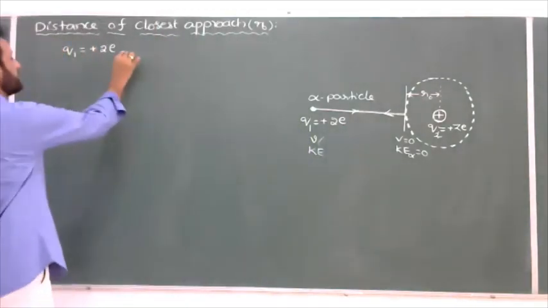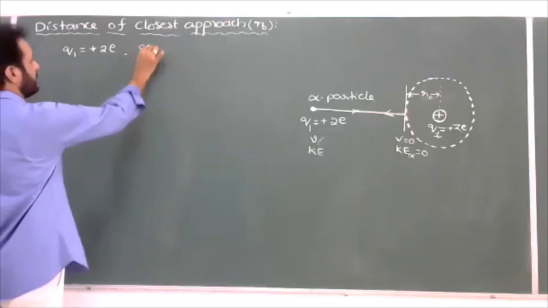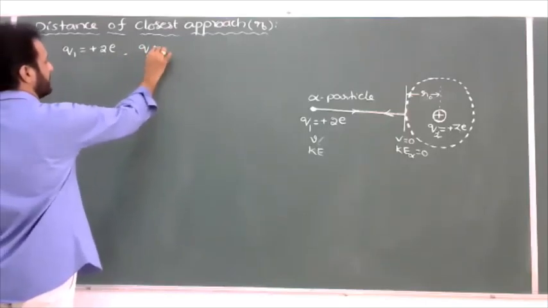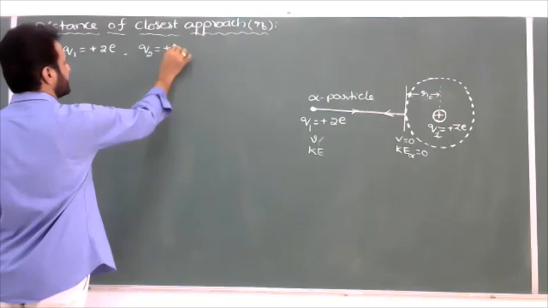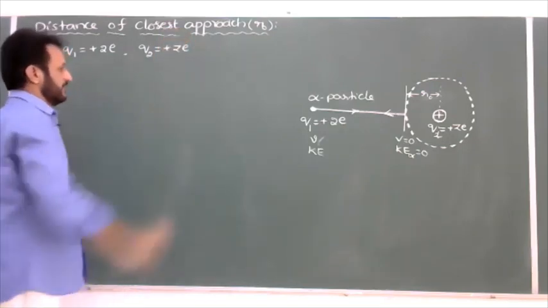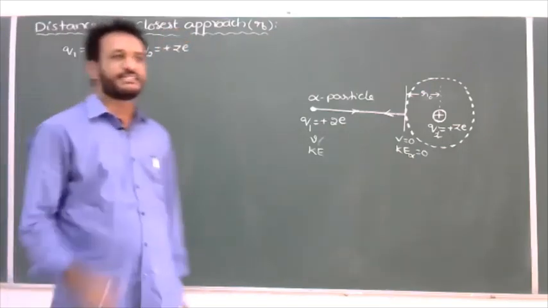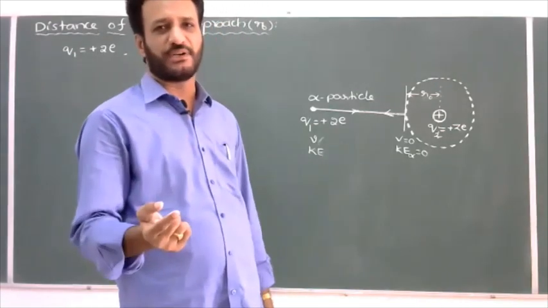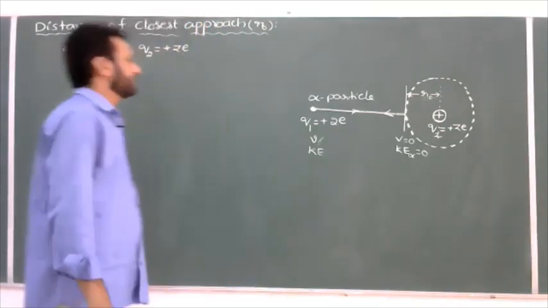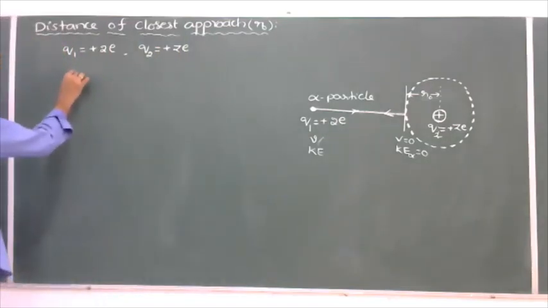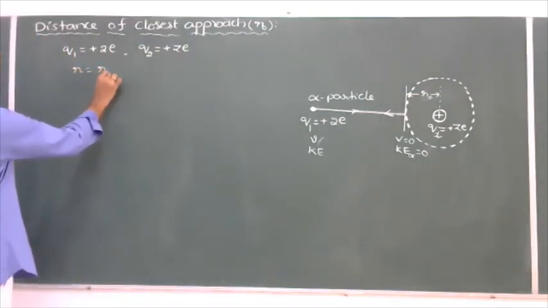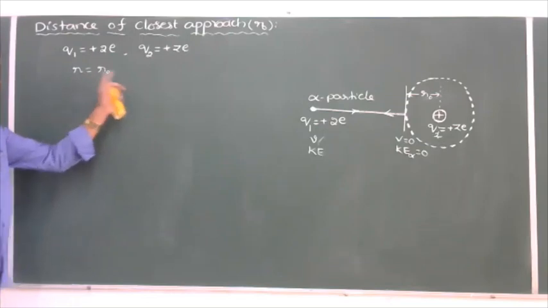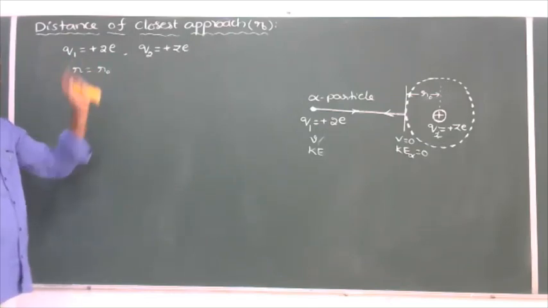Next, the charge of the target nucleus, like gold or silver or whatever nucleus is given, we write as plus Ze, because the nucleus contains Z protons. Now the distance R is called R naught, the distance of closest approach. This is what we should derive the formula for.